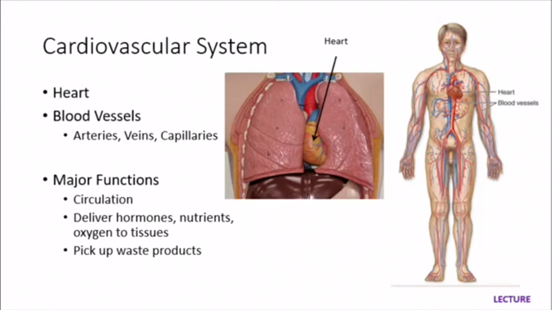When you learn about the cardiovascular system, you'll learn that the returning deoxygenated blood comes in the vena cava. It goes through the right side of the heart, and then it'll go to the lungs, and that's where it picks up the oxygen. So we pick up oxygen from the lungs and deliver it to the tissues. Then it goes to the left side of the heart and then out the aorta and all through the tissues.